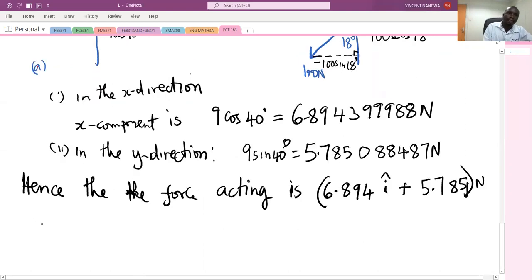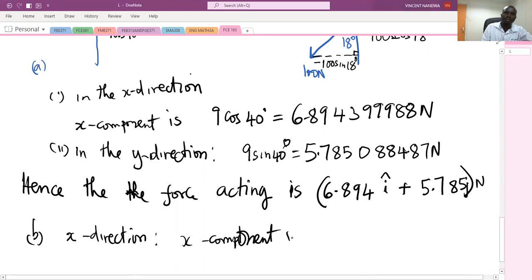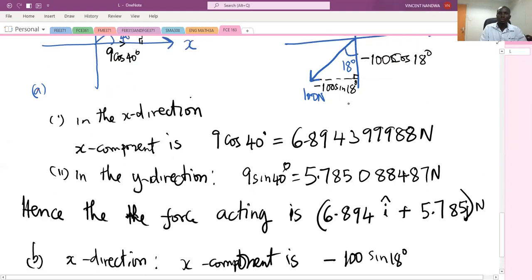So B, x direction, the x component is negative 100 sine of 18 degrees. So this is the horizontal force.